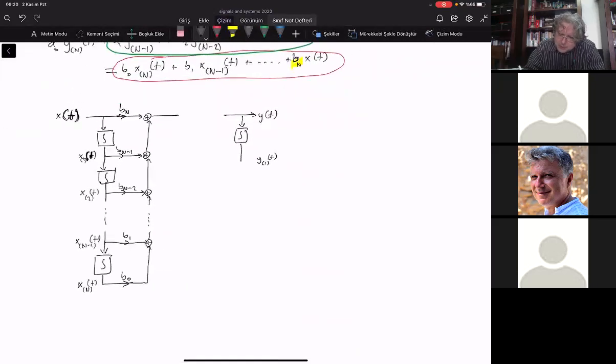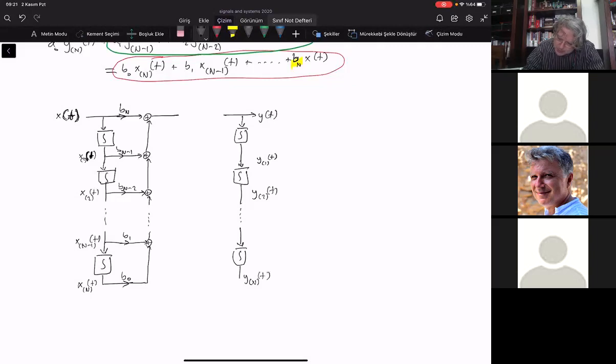And when I integrate it again, I'm gonna get y sub 2 of t, etc. And the last integral that I will have will give me y sub n of t.